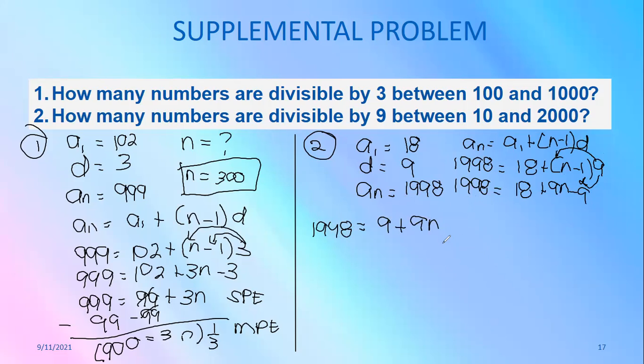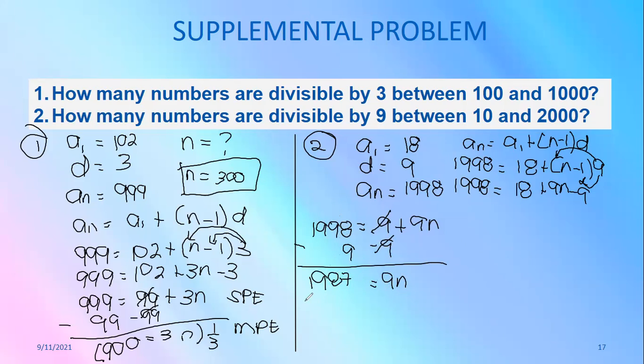Okay. So to solve for the value of n, so subtract 9 natin to both sides of your equation. Minus 9 minus 9. So mag-cancel lang si 9 dito. Matira si 9n dito. So 1998 minus 9, so that's 1989.